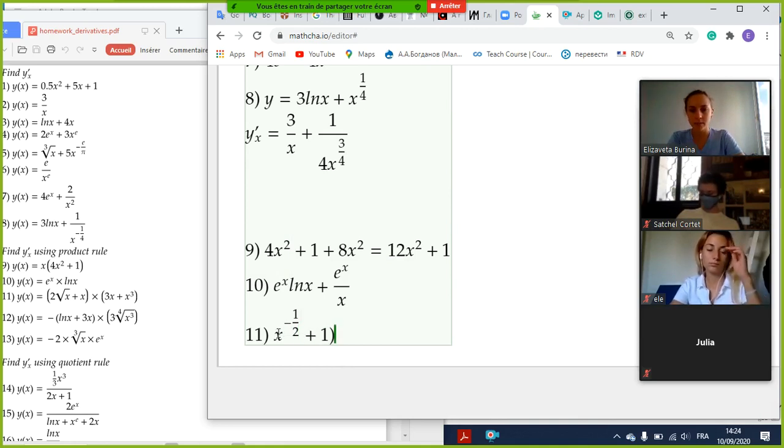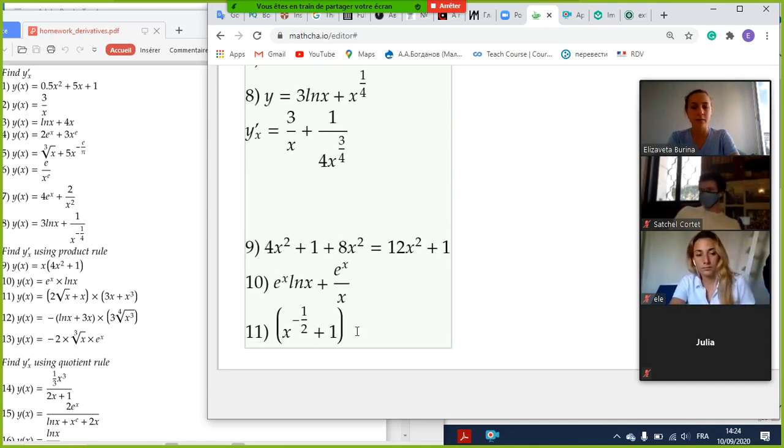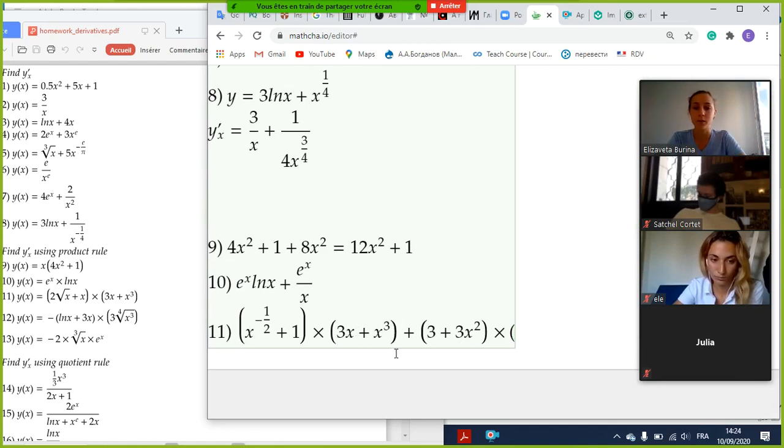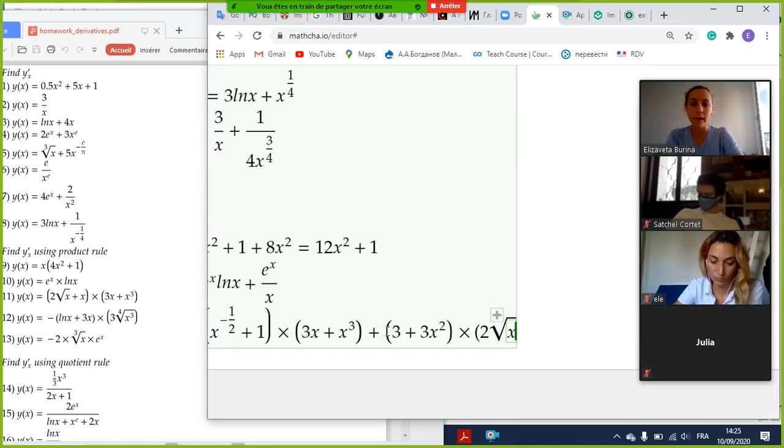So that's the first part, and then we have to multiply it by the second part as it is, so 3x plus x cubed, plus, then we take the derivative of the second part, that becomes 3 plus 3x squared, and then times the first part, and the first part is 2 square root of x plus x.